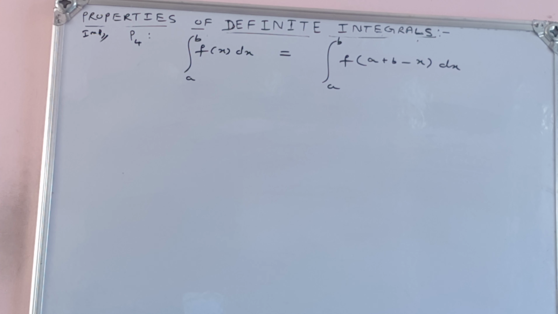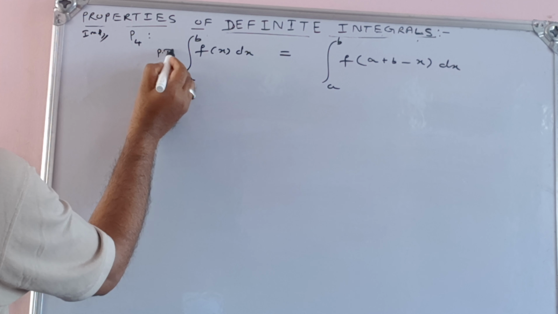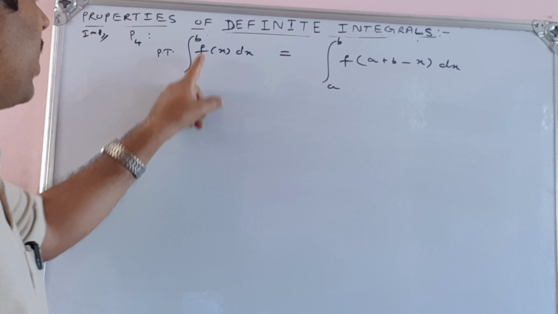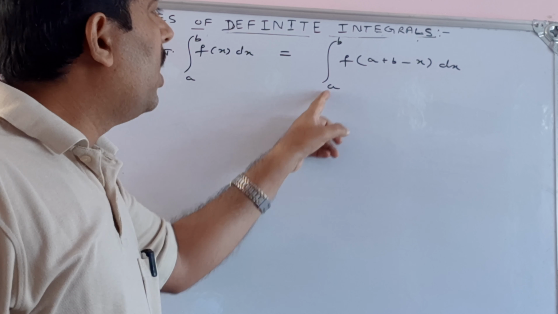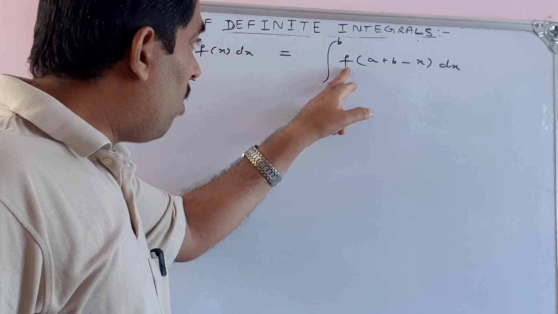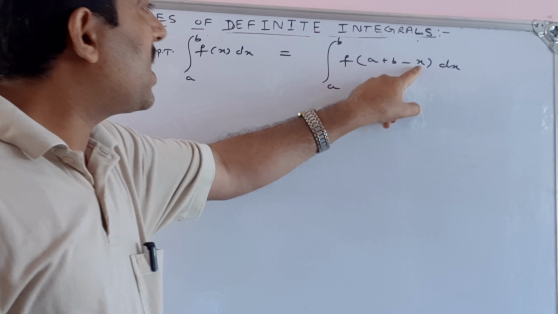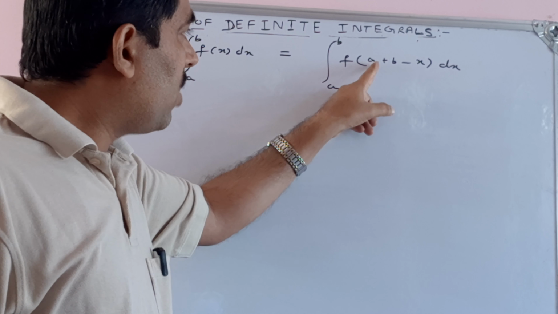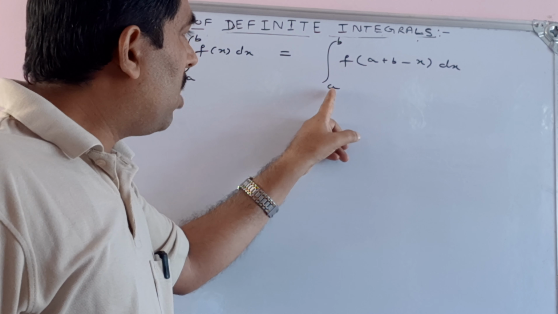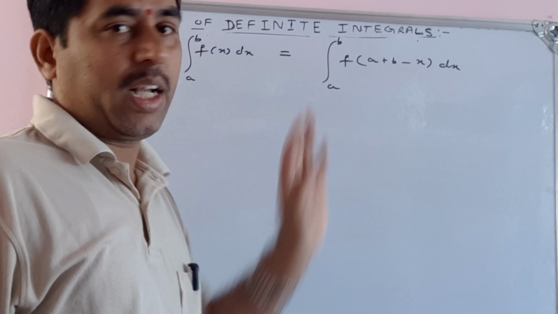Prove that the integration of a to b f(x) dx is equal to, on the right hand side, the integration of a to b of f of the sum of lower limit and upper limit minus x, that is, f(a plus b minus x) with respect to x.